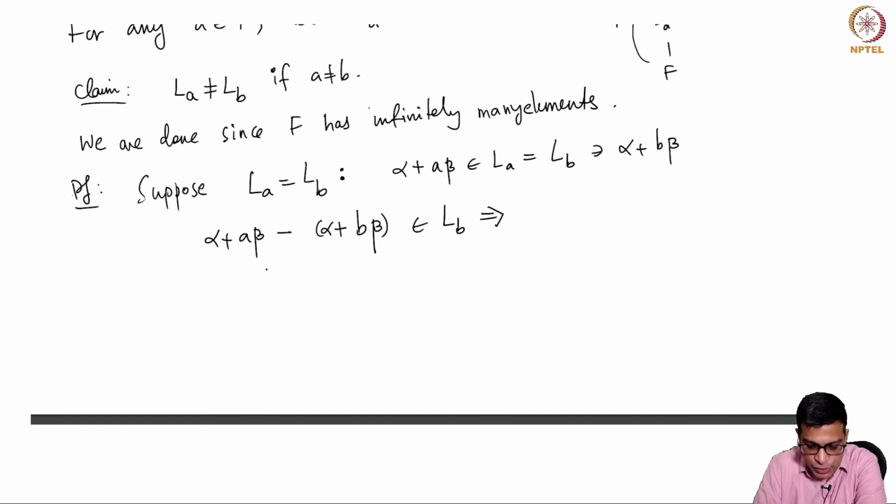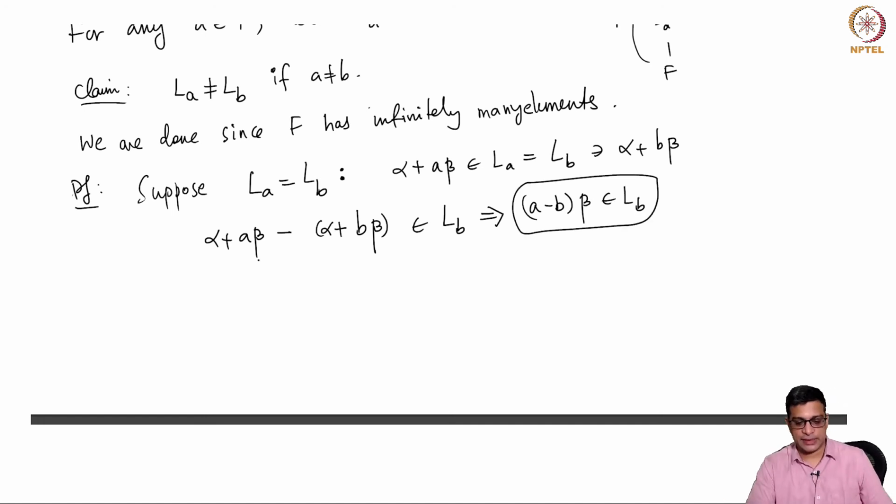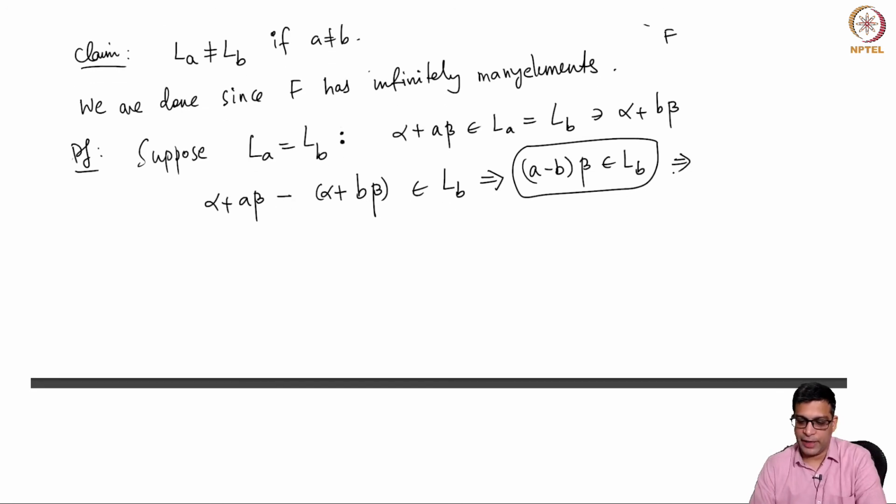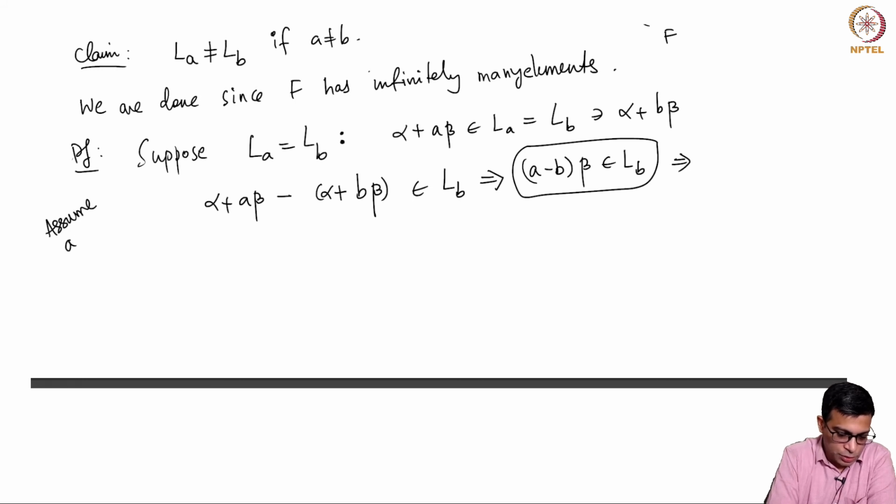But what is the difference between these two? You get a times beta minus b times beta, so alpha cancels. So a beta minus b beta is in L_b. That means (a minus b) times beta is in L_b. But, of course I should say, assume a is not equal to b.